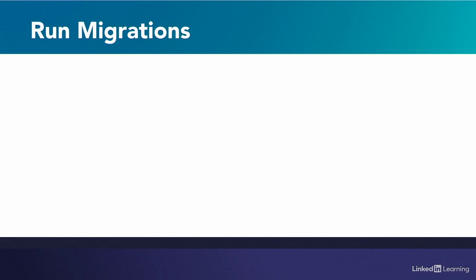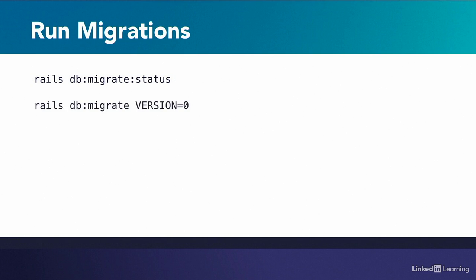There are also a couple of other handy commands to know about migrations. One is rails db:migrate:status, which will show you the status of the migration so you can see what's up and what's down. You can use rails db:migrate followed by VERSION in all capital letters equals 0. That will undo all migrations. That'll go back to the beginning.